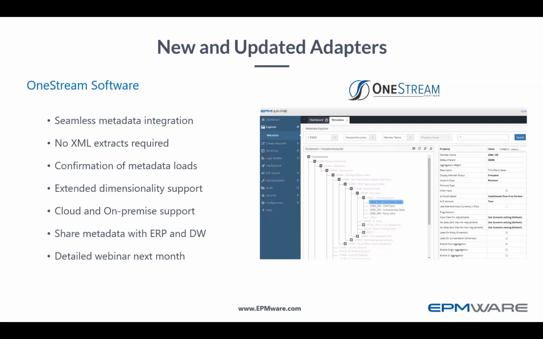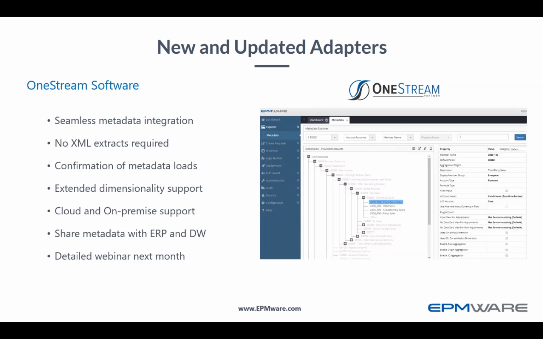We're not using any XML files. There's no extracting of an XML file from EPMware and then loading it into OneStream. You're able to have a master data process to manage your metadata and share it with other ERP or data warehouse applications, and then deploy that metadata seamlessly, just like any of our other adapters, directly to OneStream.